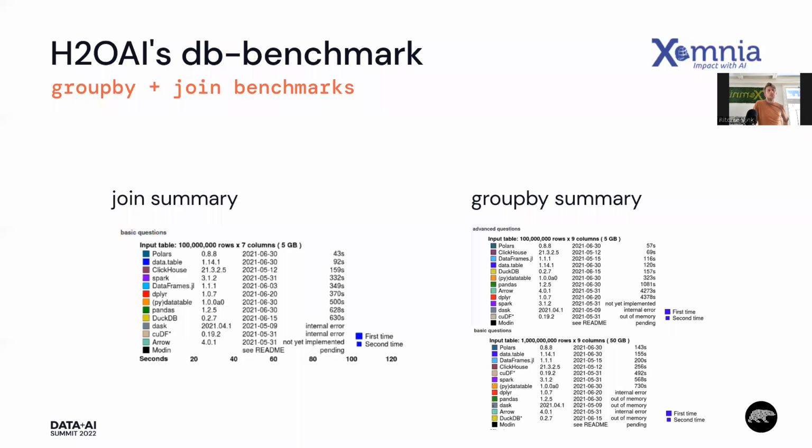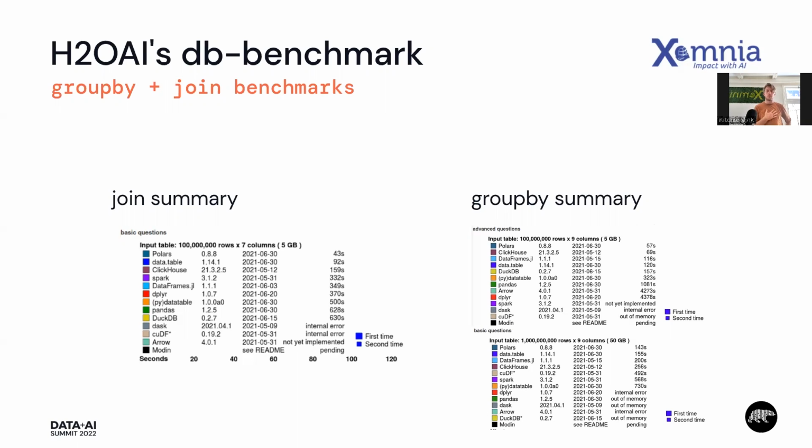And here we see the results of H2O AI's database benchmark. H2O AI has done several benchmarks with different tools, also not the least tools. So Polars is in there, for instance, data.table, our data.table, which is a really fast DataFrame implementation.